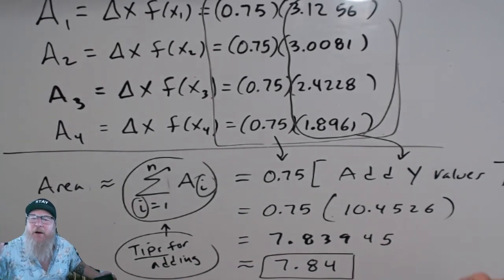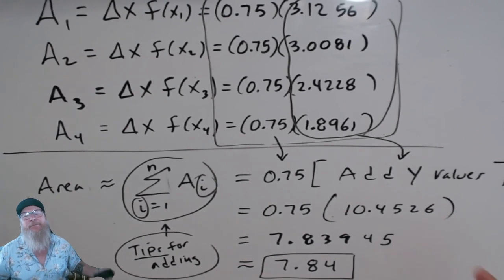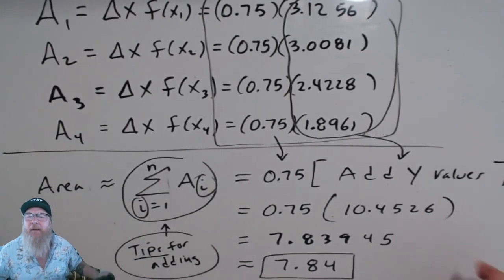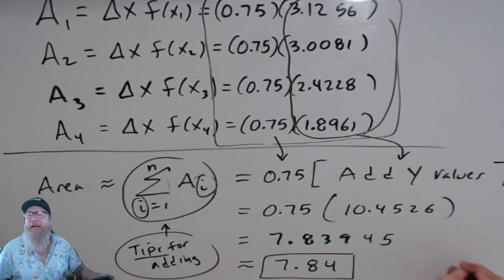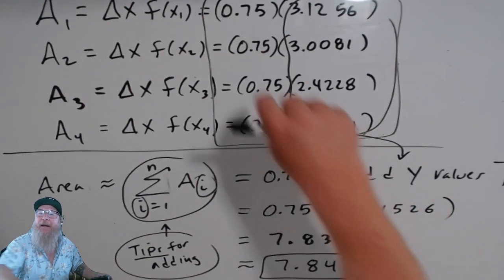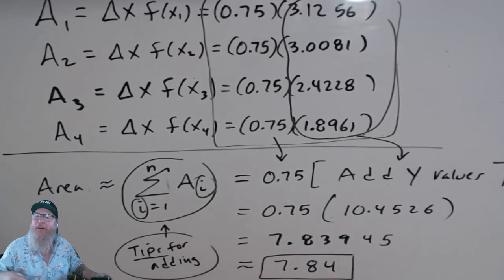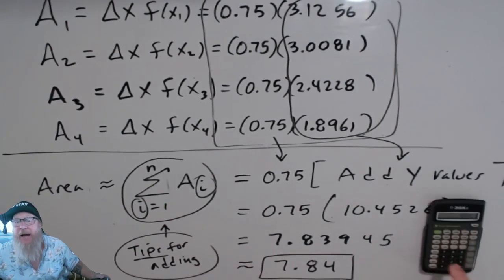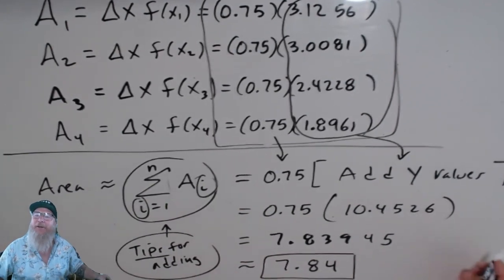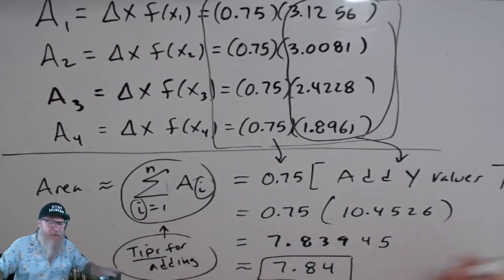If you want to get close to the actual area, you need to use maybe not 100, but 12 or 20 or something like that. A lot more than 4. And you can imagine if I were to do this problem with 20 rectangles, we would be here for a long time hacking away on the calculator. So some tips for adding.